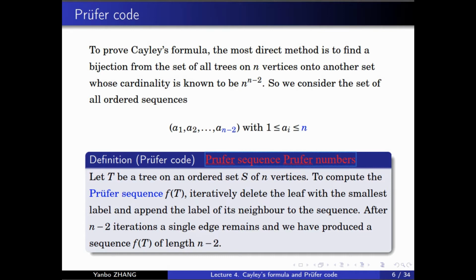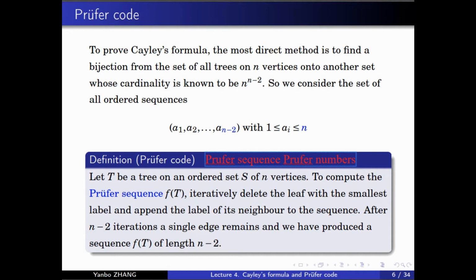Its definition is: let T be a tree on an ordered set S of n vertices, which means T is a labeled tree. To compute the Prufer sequence f(T), iteratively delete the leaf with the smallest label and append the label of its neighbor to the sequence.